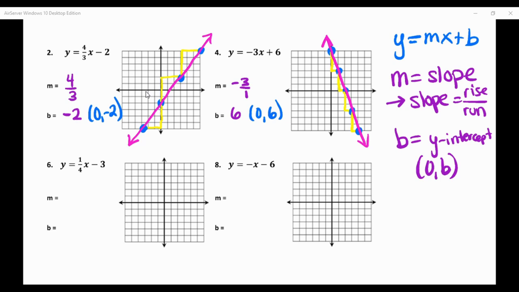For number 6, the slope, the m value, is 1 over 4. The y-intercept, the b value, is at -3. So the first point that we'll plot on our graph is the point 0, -3. From there, we'll graph our next point by using the slope, which is 1 over 4.